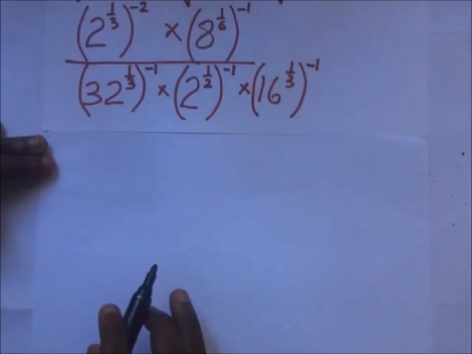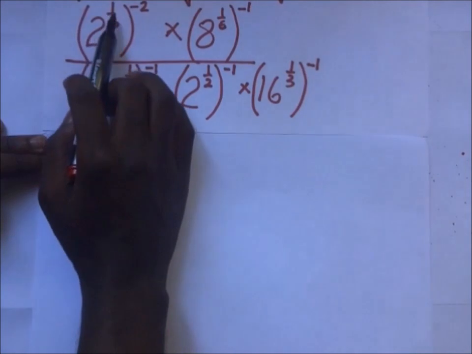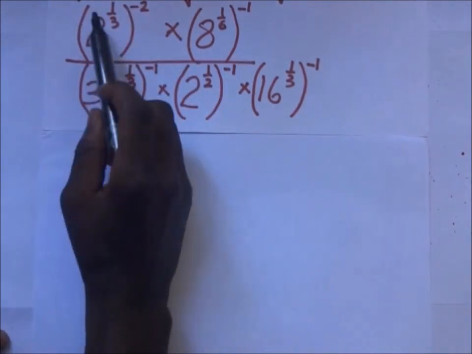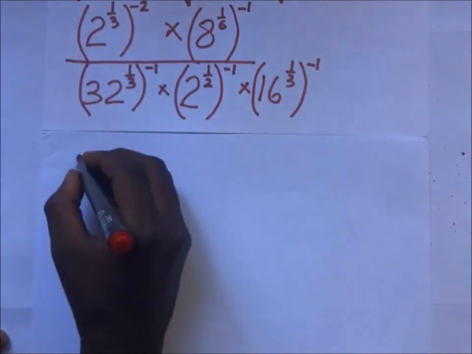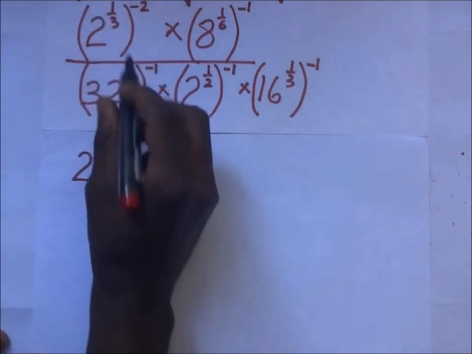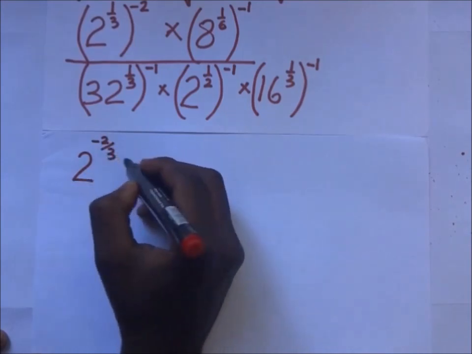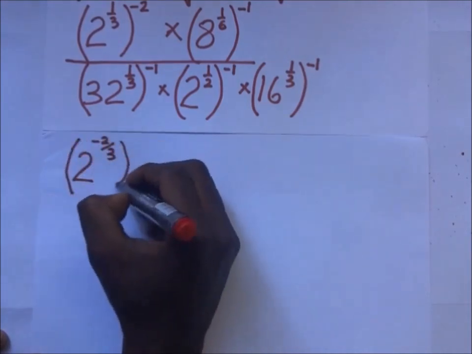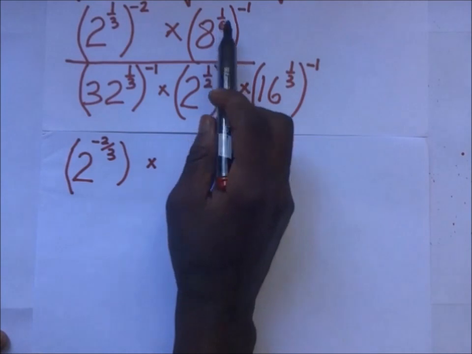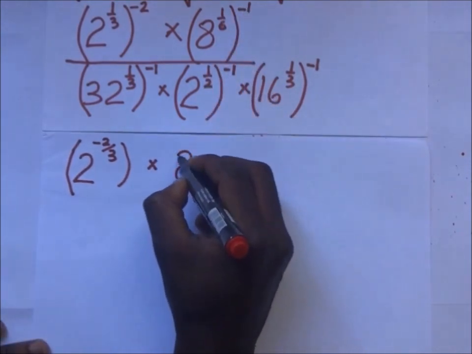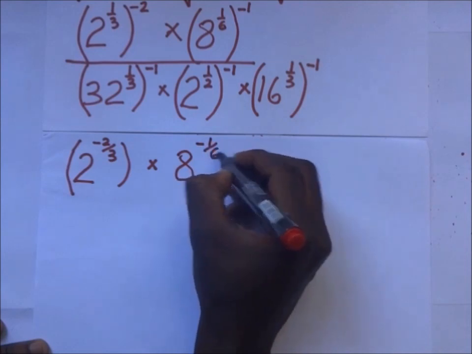So our next step is going to become 2 to the power a third times negative 2. A third times negative 2 gives us 2 to the power negative 2 over 3. Multiply that by 6 times negative 1, which gives us 8 to the power negative 1 over 6.